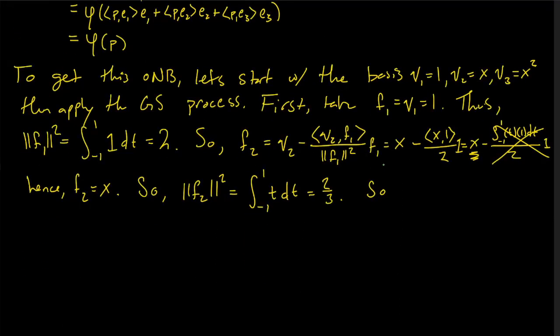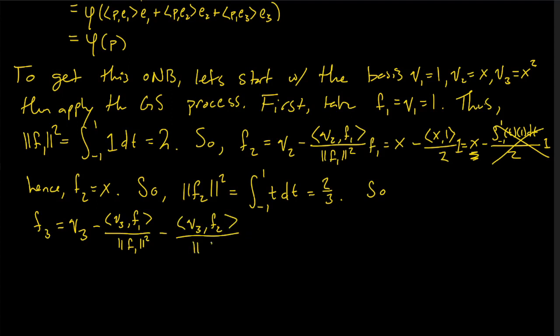So writing f3 now, f3 is equal to v3 minus the inner product of v3 with f1 over the norm of f1 squared, minus the inner product of v3 with f2 over the norm of f2 squared, times f2.